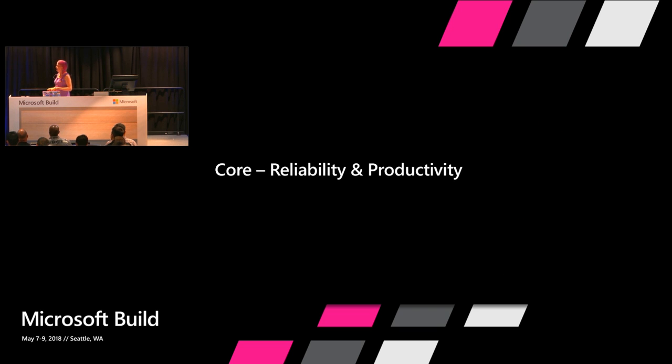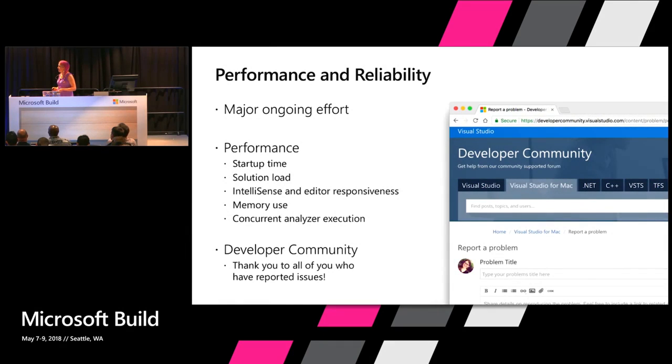So next I'm going to take a quick look at the core features that all these workloads share, and the C# productivity features. We've heard from a lot of you that performance and reliability are important to you, and so we've been doing a lot of work on this. In terms of performance, we've been focusing on things like startup time, solution load time, and IntelliSense and editor responsiveness to make sure that it pops up quickly and doesn't stall.